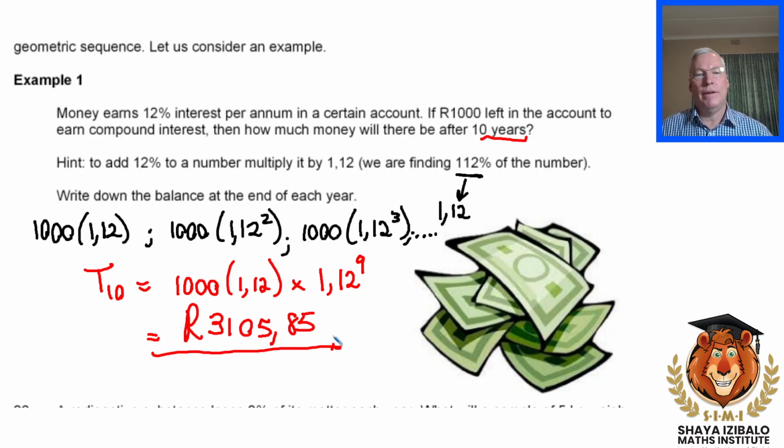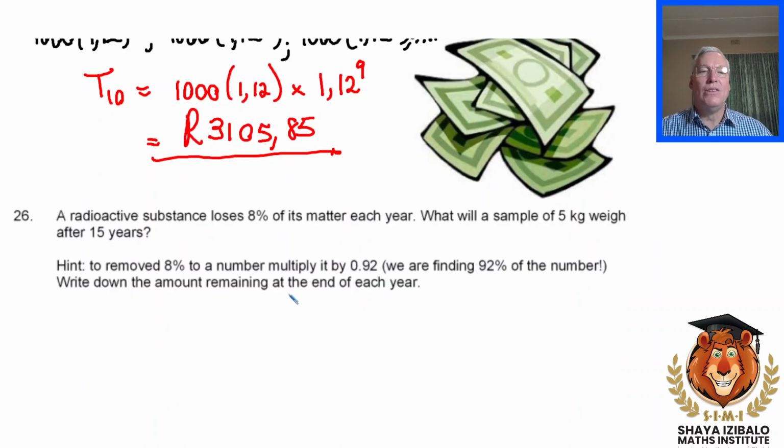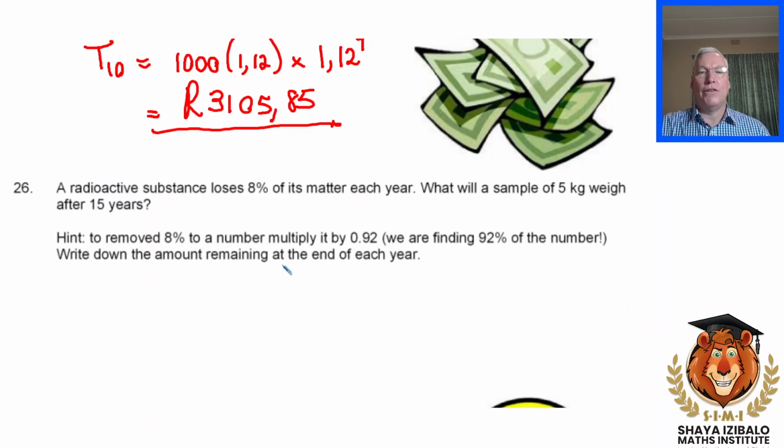Right, the next one actually is around something losing value. Just understand this, that for something to lose value, if it loses 8%. Okay, so a thing loses 8% each year. What will it weigh after 15 years if it initially weighs 5 kilograms?